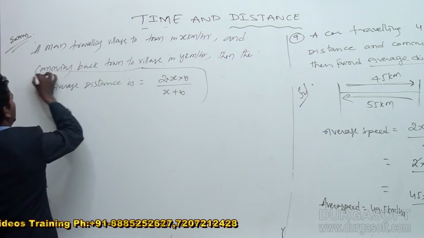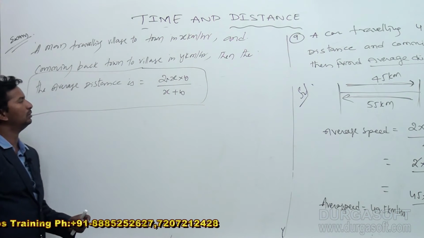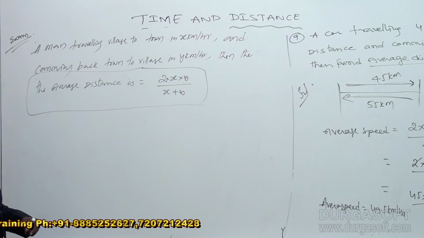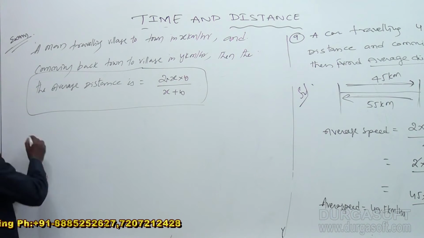Then the first formula, time and distance, the average speed is equal to 2 times x into y divided by x plus y.